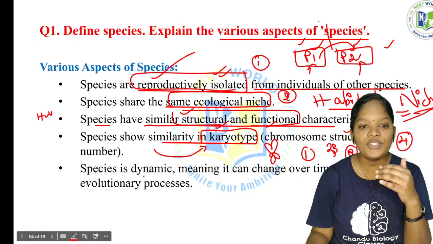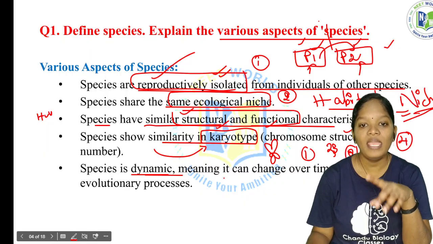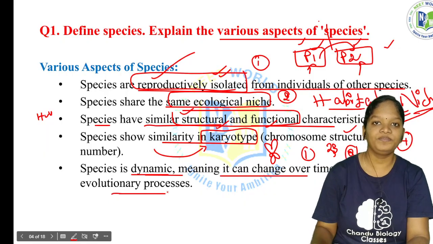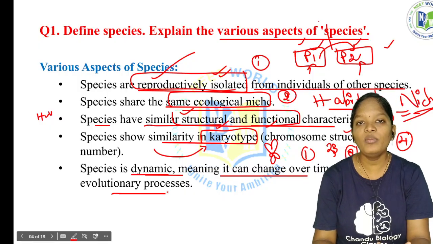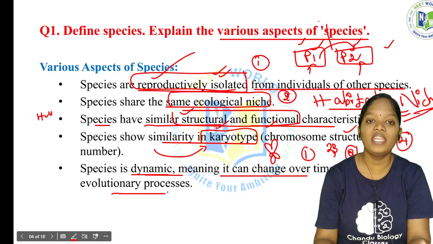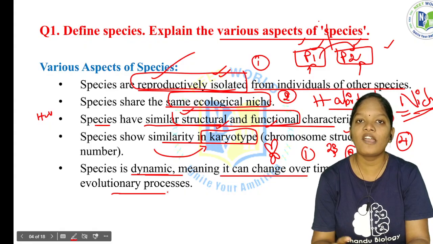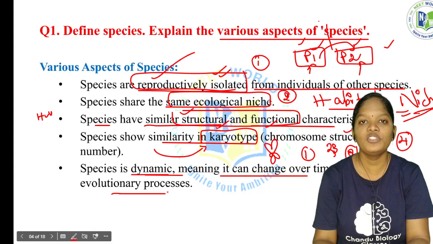Now, the species is dynamic. Why is it dynamic? Why is it not static? It means it can change over time due to the evolutionary process. Humans come under the ape category. Human is an ape. In the evolutionary process, in the apes, one of the species evolved into the most advanced species called human.